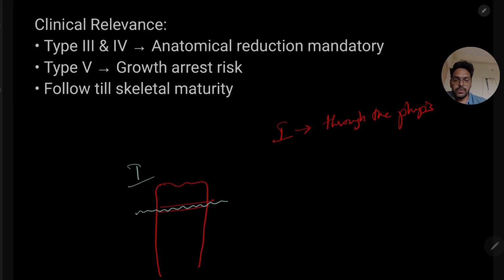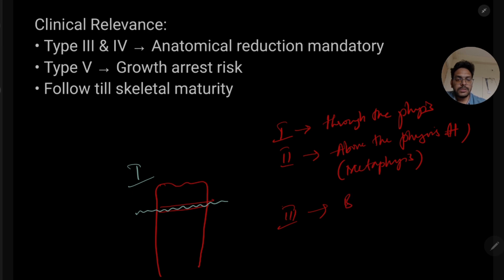Then type 2, it is above the physis. Above the physis, in the sense, it goes into the metaphysis. The fracture goes into the metaphysis. Type 3 is it goes below the physis, in the sense it goes into the epiphysis. The fracture line goes into the epiphysis, right?